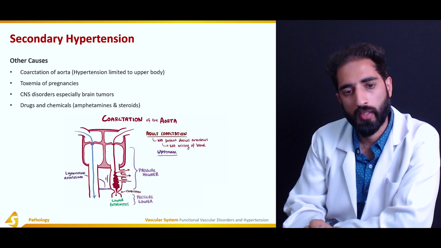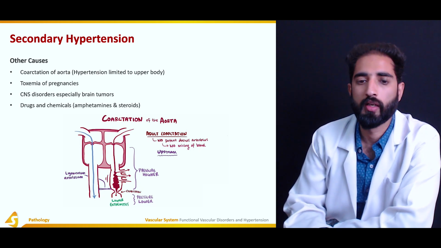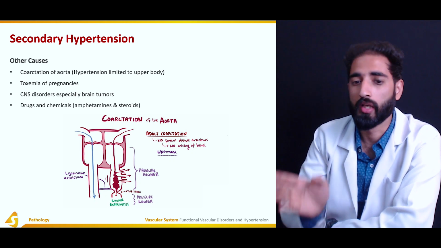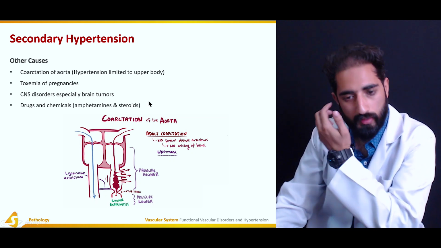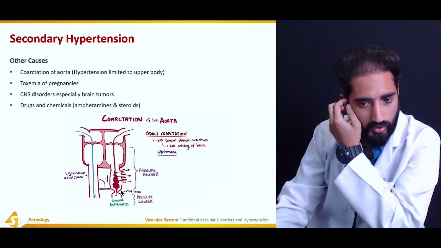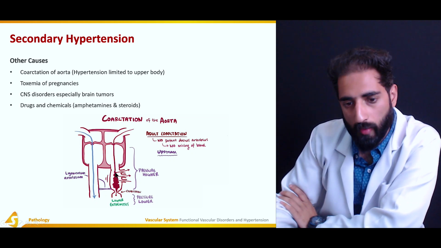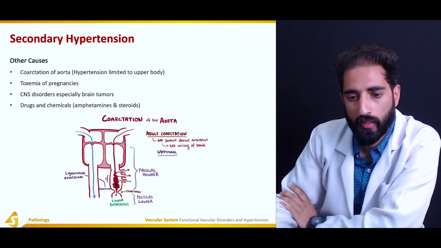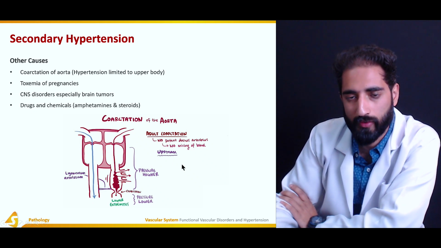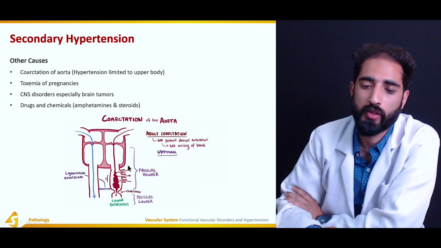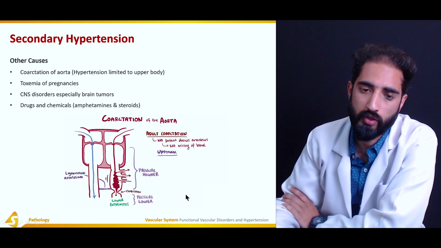Other causes of secondary hypertension include coarctation of the aorta, in which the hypertension is limited to the upper extremity only and not the lower extremity. That is because, as you can see here, there is coarctation here. So the blood comes out of the aorta with a very high pressure in the upper body, and that results in higher blood pressure in the upper body, but lower blood pressure in the lower body.